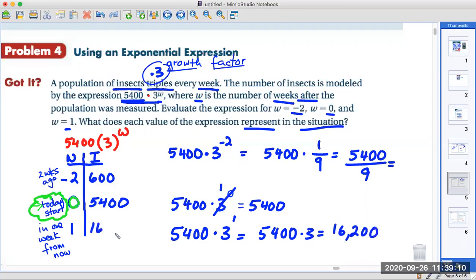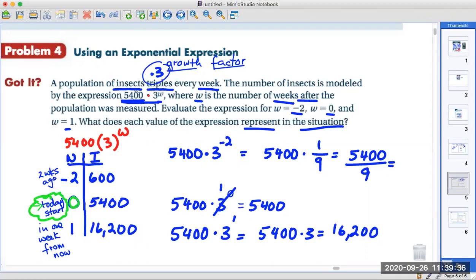Notice how fast these things grow. Now in a week from today, we will have 16,200 insects. Do you notice how fast they grow? This growth factor, tripling, makes it grow really, really fast. Okay.